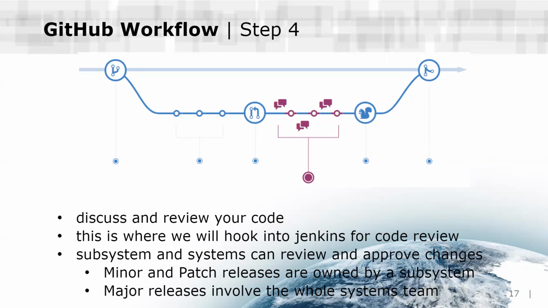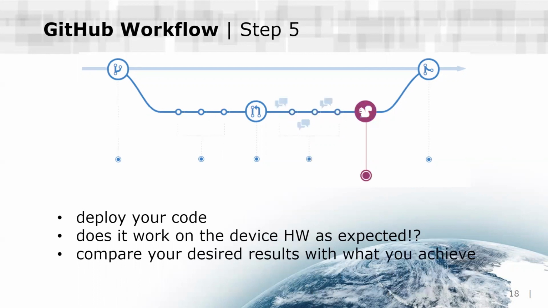Major releases, or when we're about to flash flight or engineering boards with this sort of code, should go through a full systems review. We can discuss that as a takeaway at the end of this presentation.